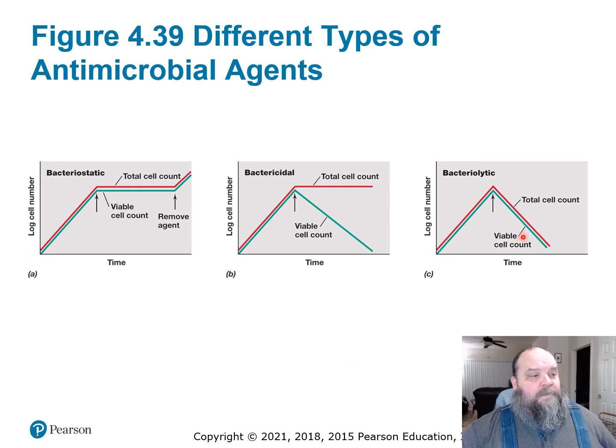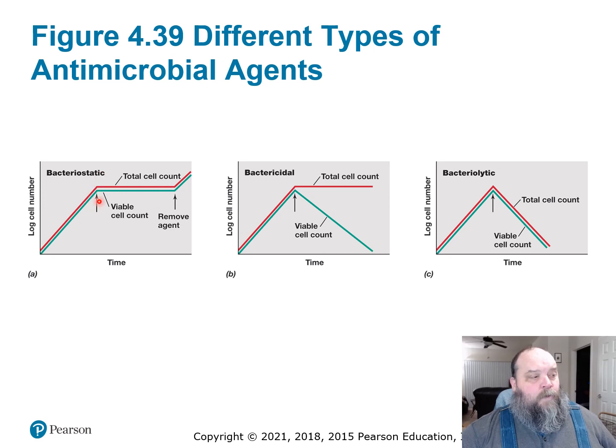So when you compare them side by side, the red line is total cells. You did one of those hemocytometer counts: total number of cells present, living and dead. Green is viable. How many are living? You allow things to grow, increasing in total cells and viable cell count.